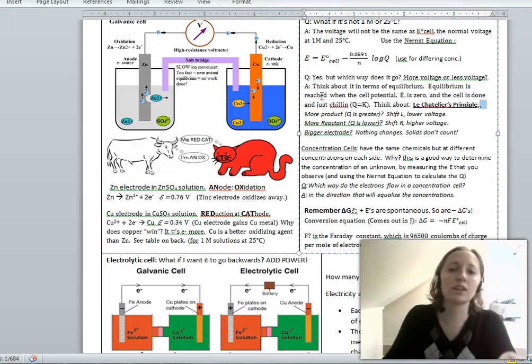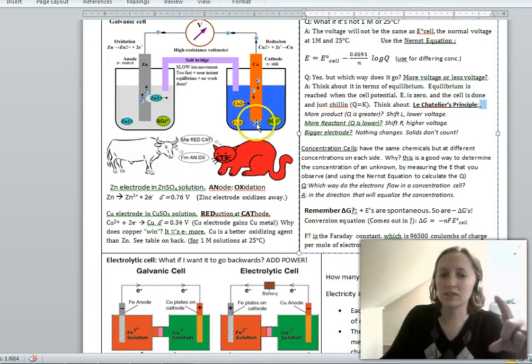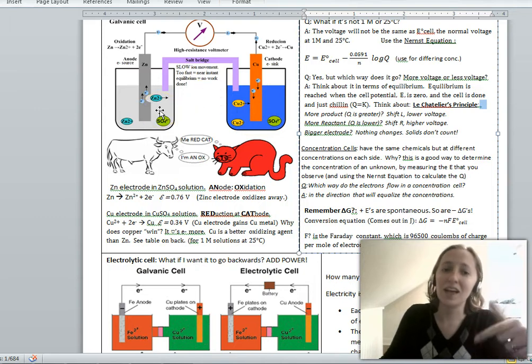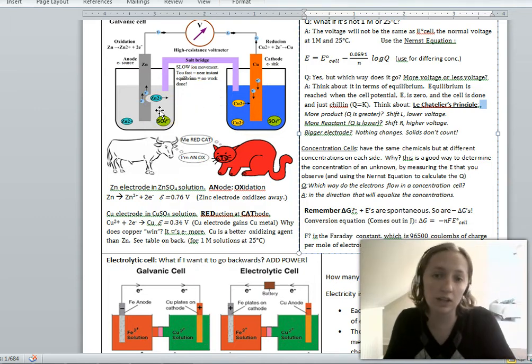You can't do that under standard conditions, because under standard conditions, your concentration of your solution is 1 molar on this side and it's 1 molar on this side, and that's already at equilibrium, so it's not going to go one way or another.